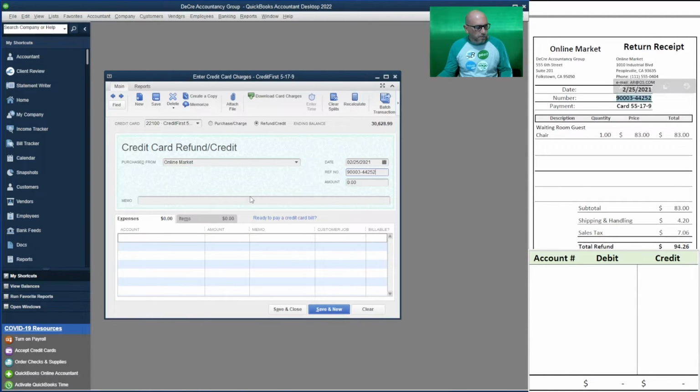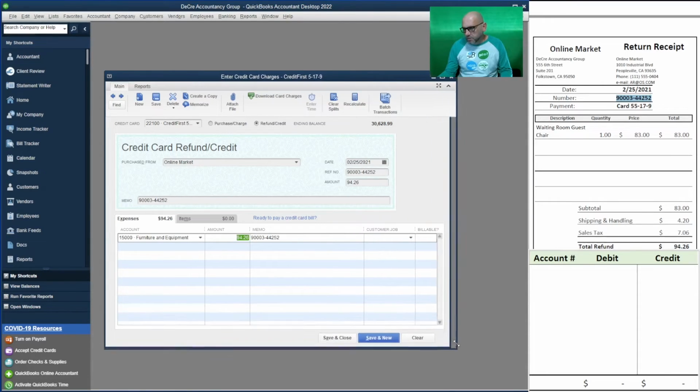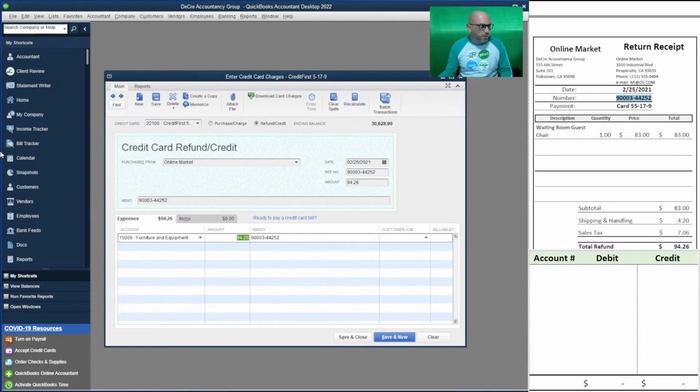Okay. All right. 9426, waiting room, and that's furniture. Again, even though it says expenses disregarded, it's just the way the interface is managed. You can use assets in there, not just expenses. All right.